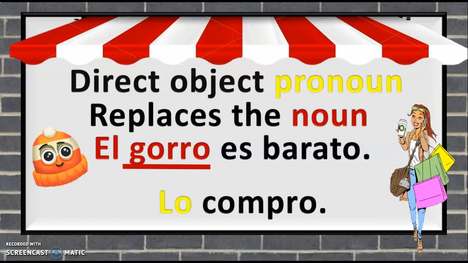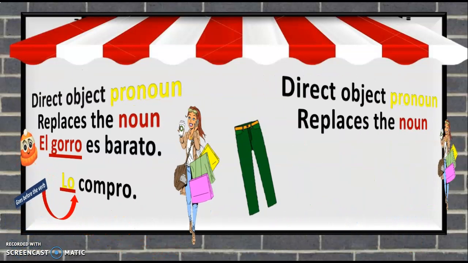So we have replaced the direct object noun, el gorro, with a pronoun, lo, and we're using lo because el gorro is masculine and singular, so we use lo to say, I buy it. Notice that the direct object pronoun in Spanish goes in front of the verb, so it's not at the end of the sentence like it most likely would be in English.